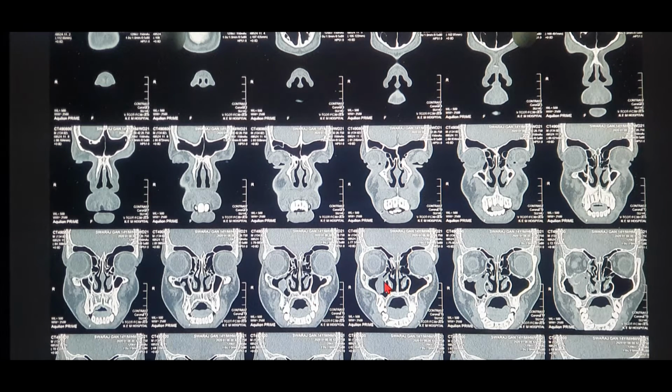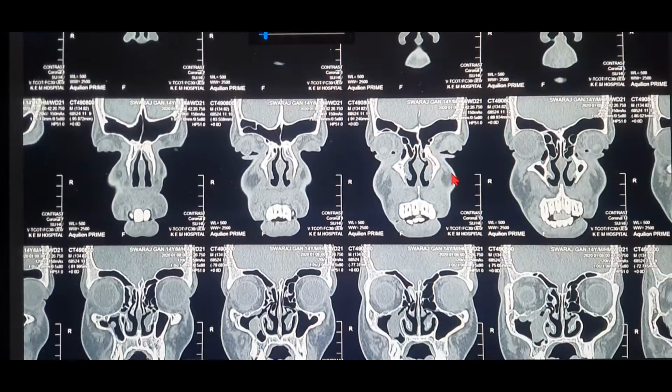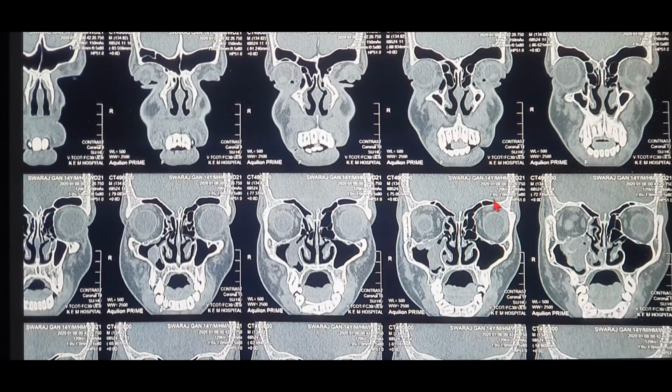That's the only finding I can see over here. As we go behind, the maxillary sinus appears much more opacified. If I zoom in, you can see much more of a collection as we go towards the posterior aspect.